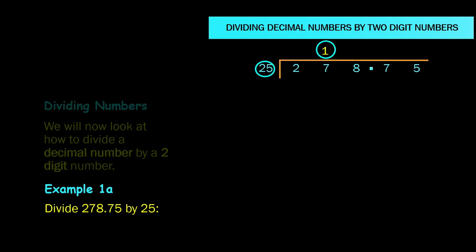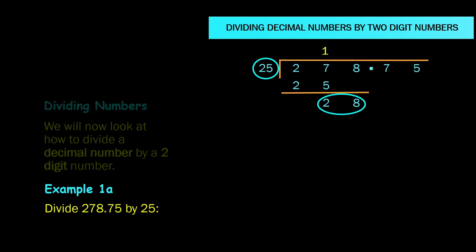Now multiply 25 by 1 to give 25, and put 25 here. Now subtract 25 from 27 to give 2. Bring the 8 down and position it here, as shown. How many 25s are in 28?